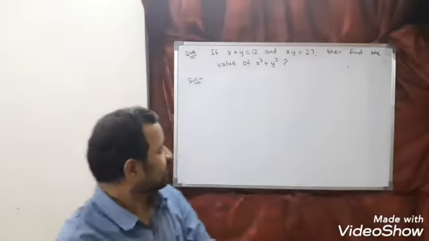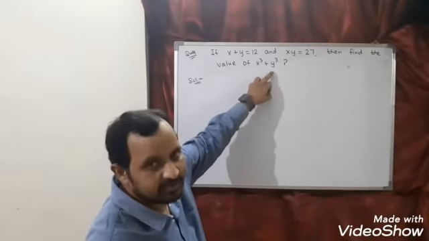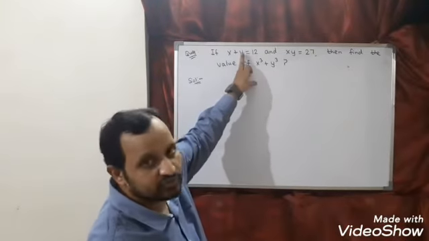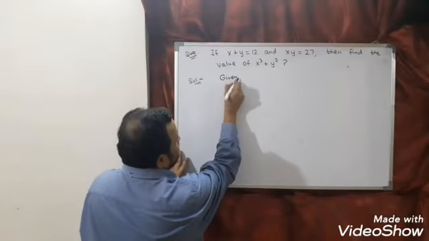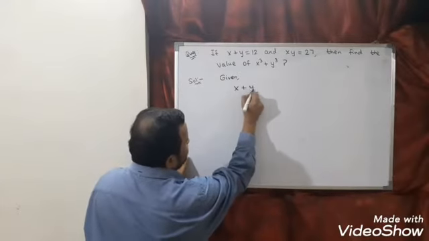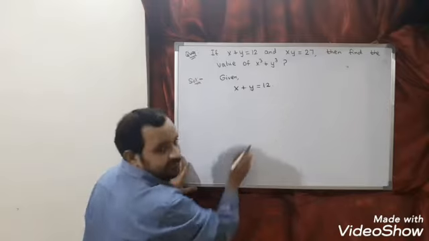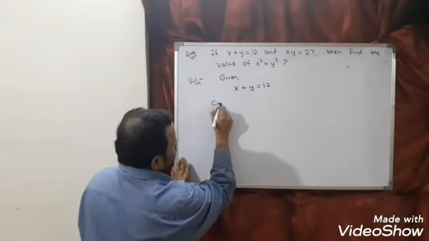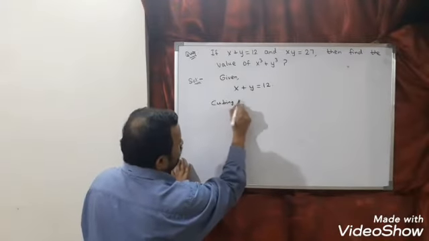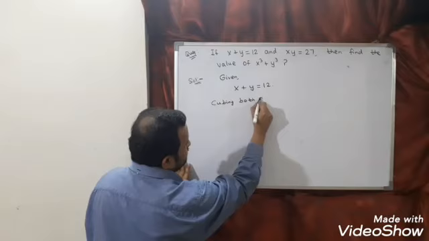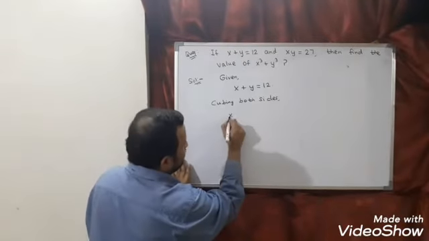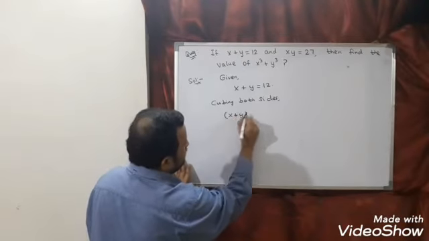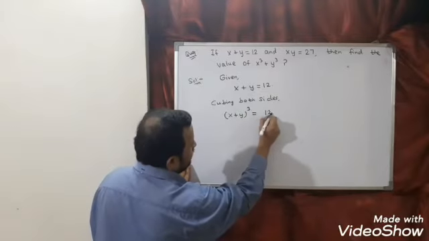Again a similar question, but here it is x cube plus y cube, so we have to do cubing on both sides. What is given? x plus y is equal to 12. Now let us do cubing both sides. What you will get here is x plus y whole cube is equal to 12 cube.